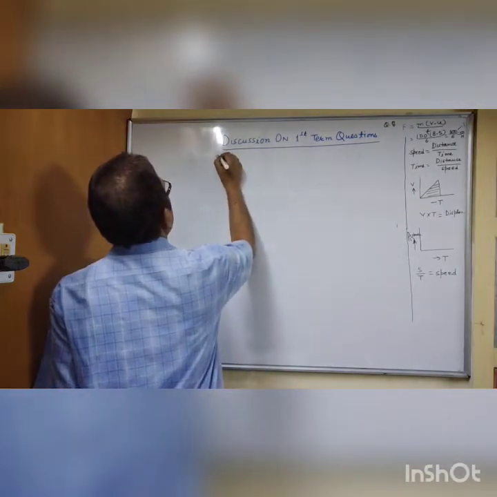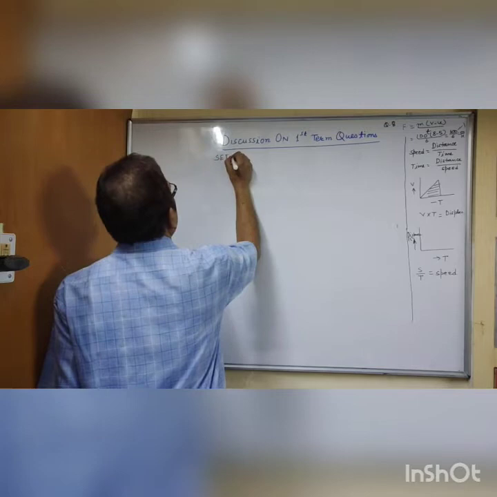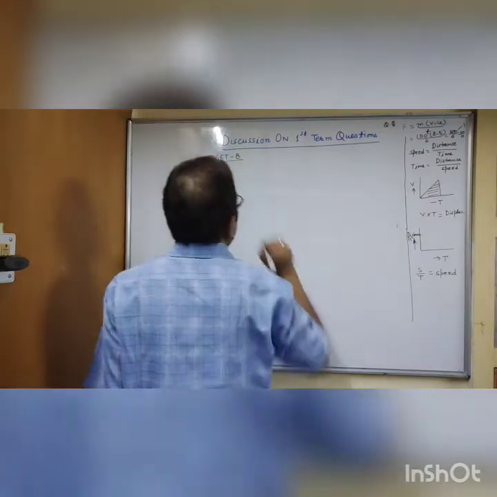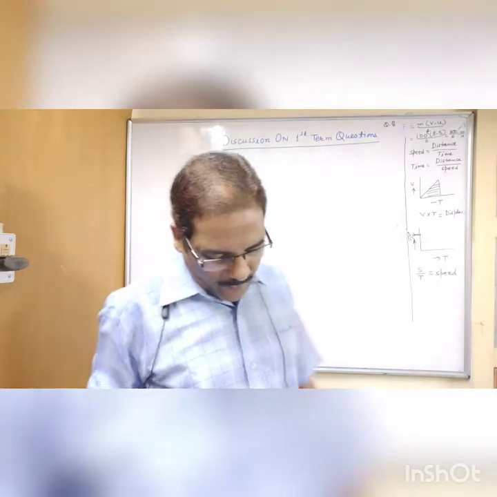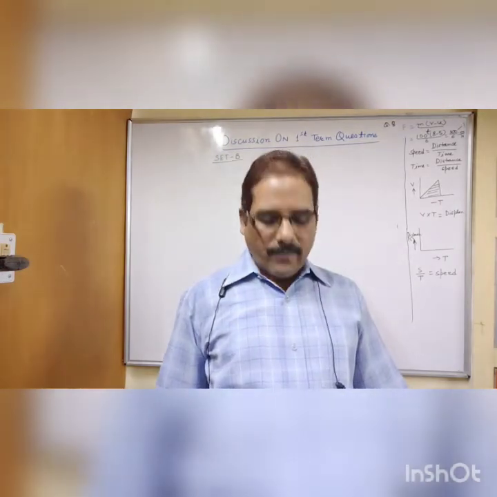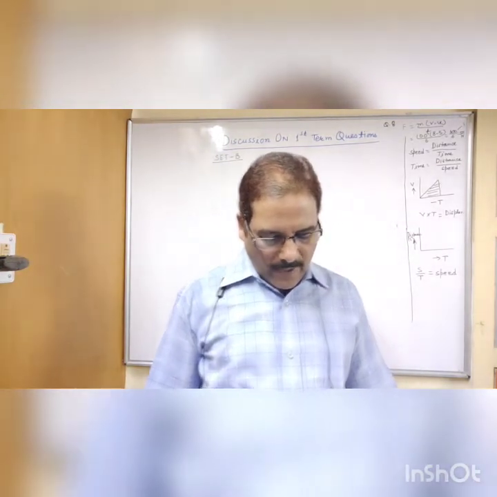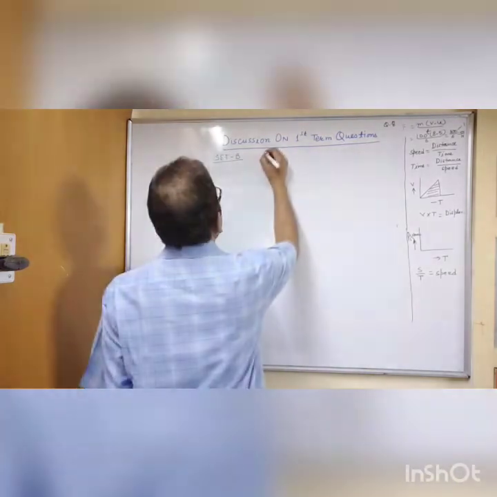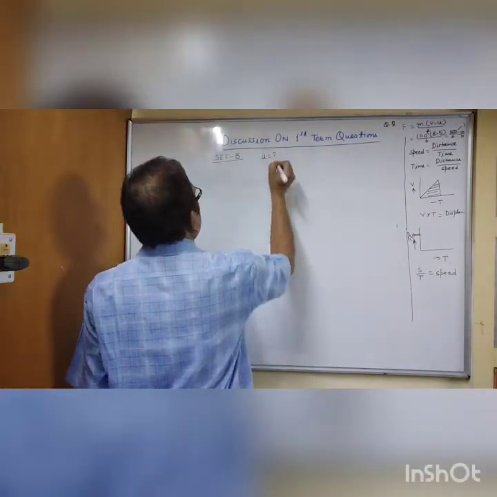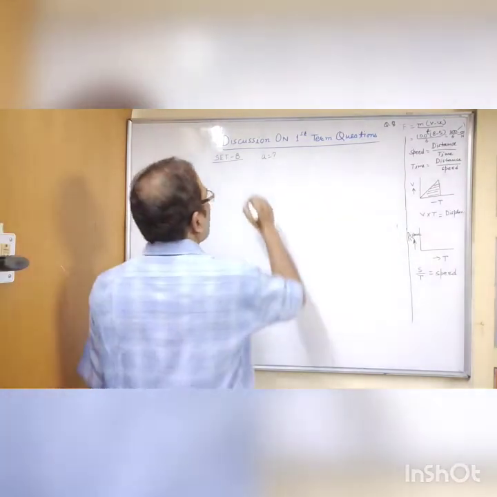So let us discuss the questions of set B. In set B, question number 1 is: calculate the acceleration of a body which starts from rest. What you have to calculate? Acceleration. So put a question mark against a.